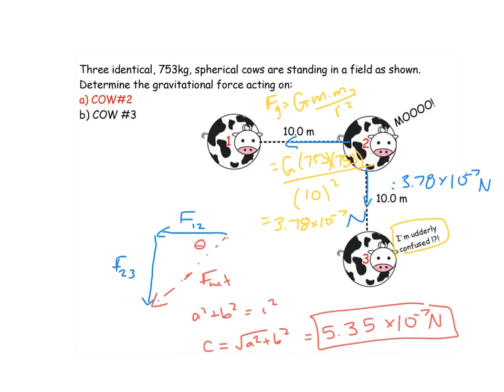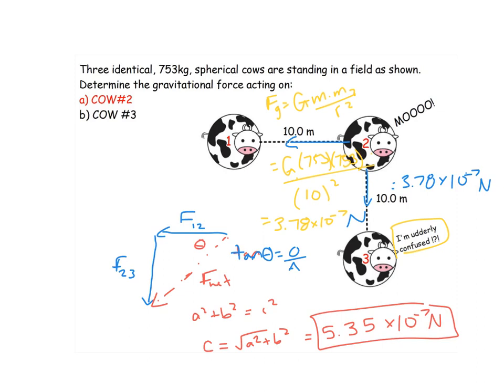Probably want an angle as well. So tan of that angle is opposite over adjacent. You probably see right off the bat they're the same size, so it should be 45 degrees.